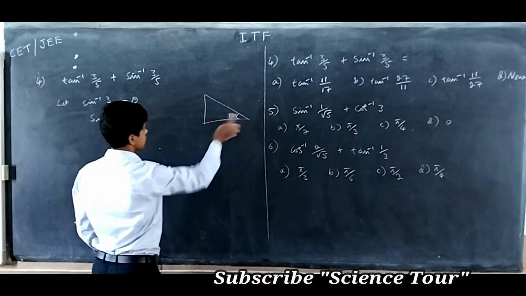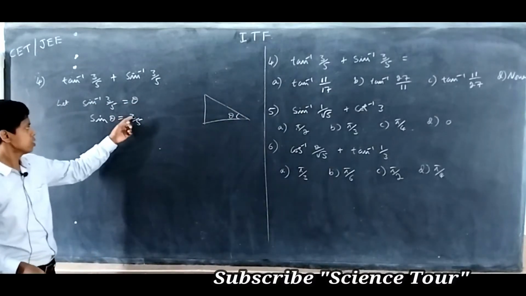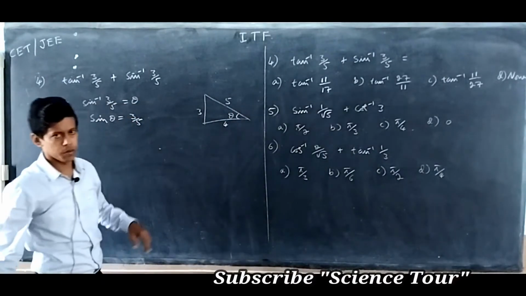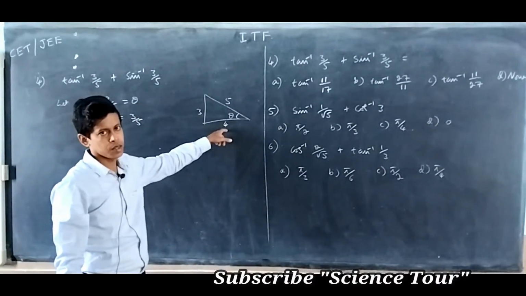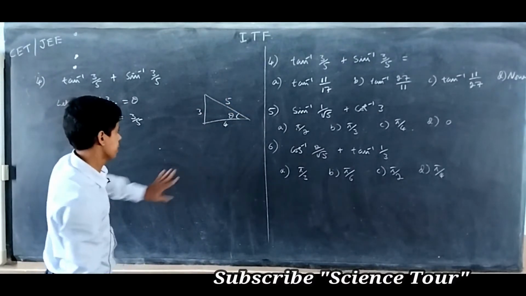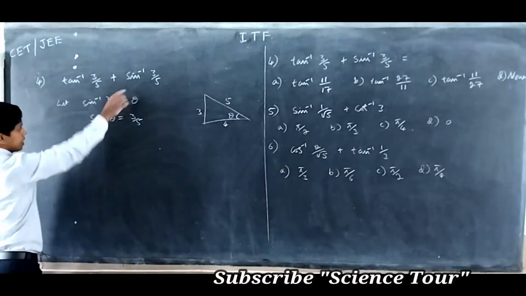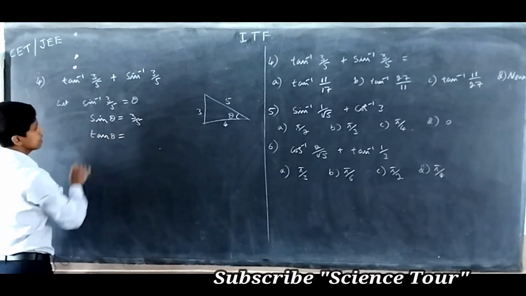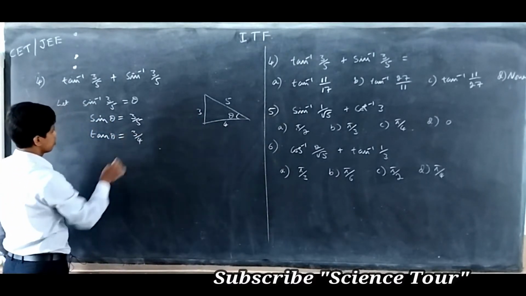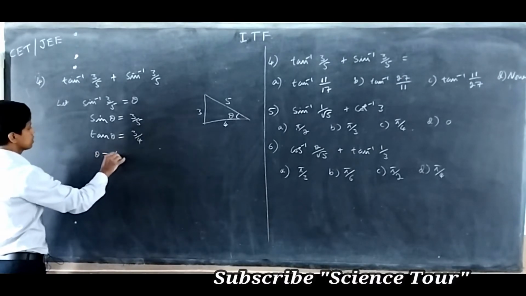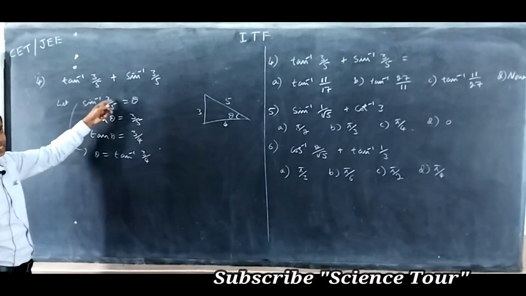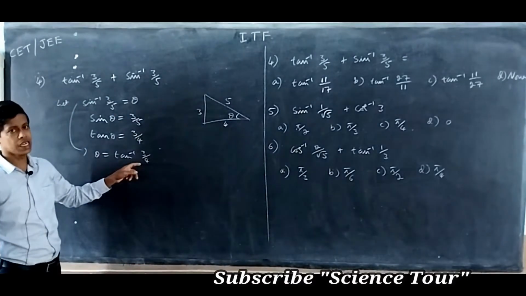We have opposite by hypotenuse, so this is 3, 5, and obviously the other side will be 4, because 3 square plus 4 square is 9 plus 16, which is 5 square, 25, correct? That perfectly satisfies. Now what do I need? Tan. Tan theta is opposite by adjacent, so this is 3 by 4. This is simple. Now theta is tan inverse of 3 by 4. So in place of sin inverse 3 by 5, I can write tan inverse 3 by 4.